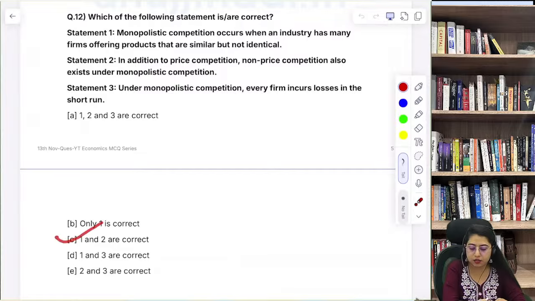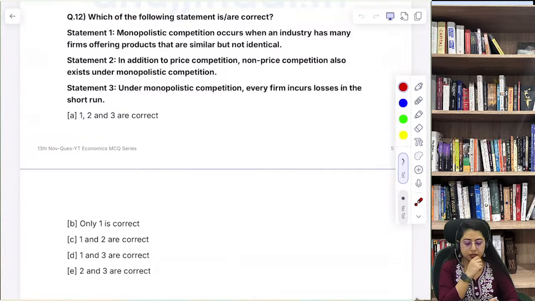Yes, the right answer is C for question number 12. But why? Why is the third one incorrect here? What do you think?